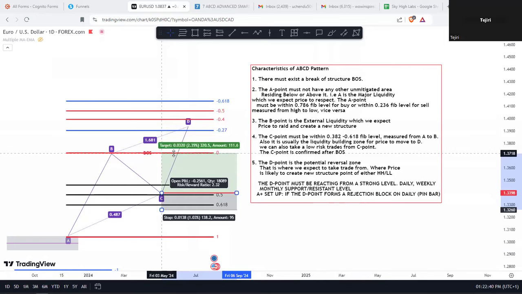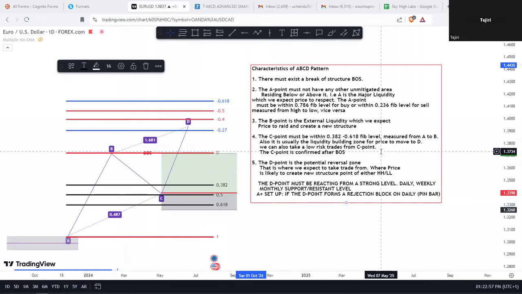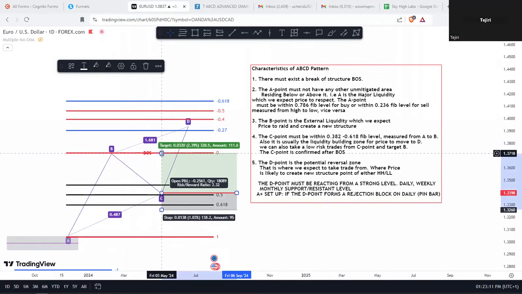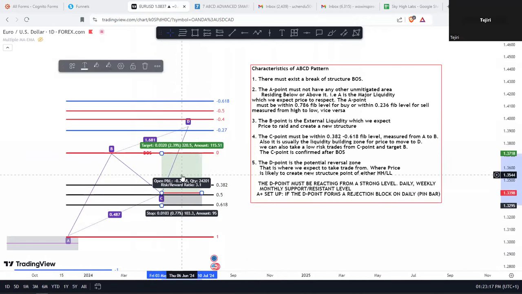The best target, if you're buying, is always B, because we have not created D. So you can take a low risk trade from C and target B. If you have a lower time frame shift, we're going to talk about entry.